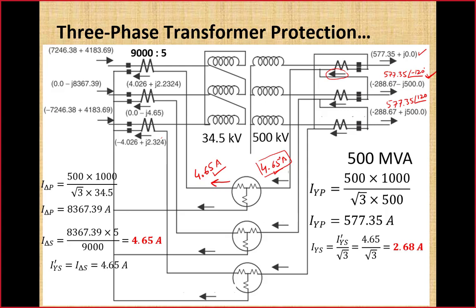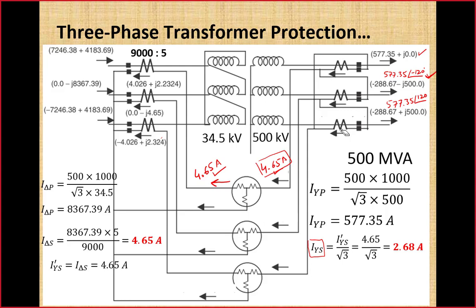Now in order to get 4.65 ampere in the line, this should be the current on the secondary side of the CT. Now this current IYS is available at the secondary side of the CT here, and according to the delta characteristics, this current will be equal to 4.65 over under root 3, that is equal to 2.68 ampere. Now here I am explaining this thing.